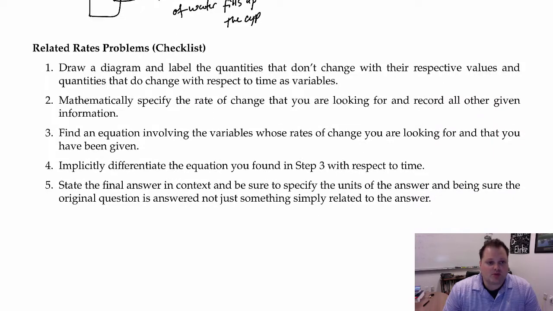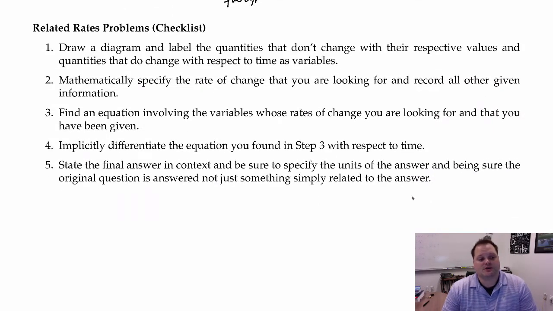Now, all of our problems, we're going to go through a checklist similar to this one. I'll number things, steps 1 through 5, as we go through the problems. Every problem is going to involve us drawing a diagram. We're going to label quantities in there. There are two quantities specifically that we're looking for.